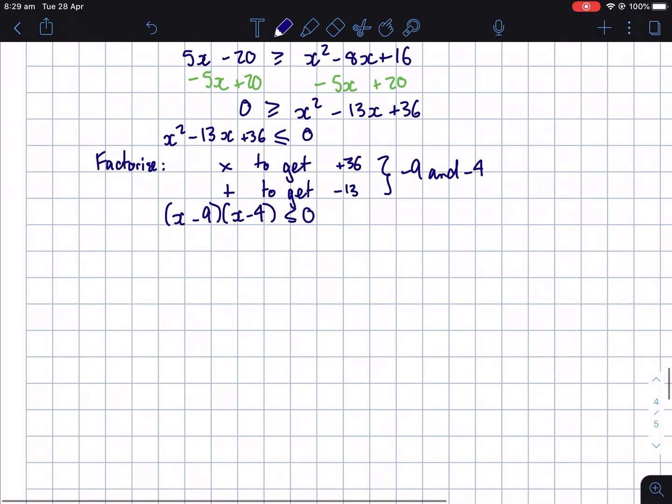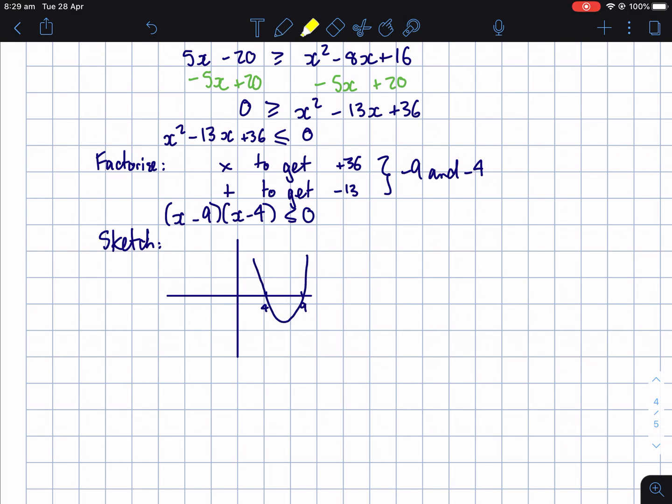So if I were to sketch, I know it's going to be concave up because the number in front of x squared is positive. It goes through at 9 and 4, so it's going to go through here. So that's less than 0 down here, so it's between 4 and 9.